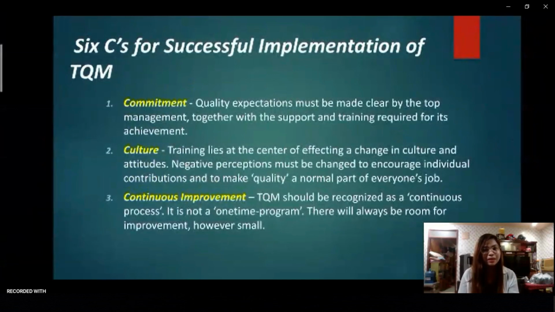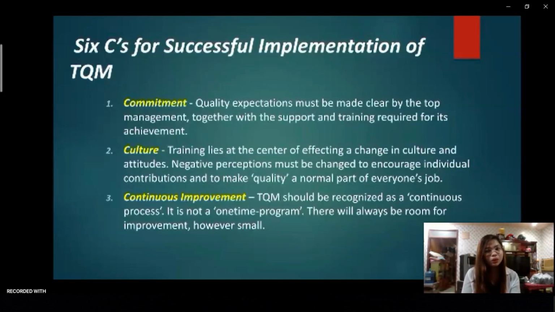Six C's for successful implementation of TQM. First is commitment. The firm must have the support and training required to achieve their goal. Second is culture, where the practice of negative perceptions must be changed.